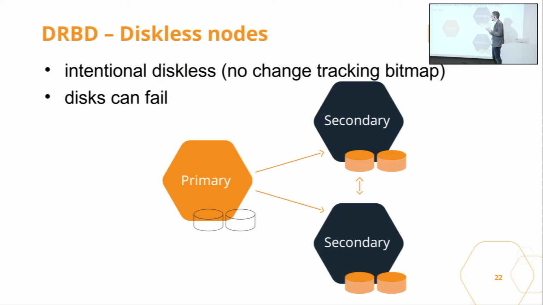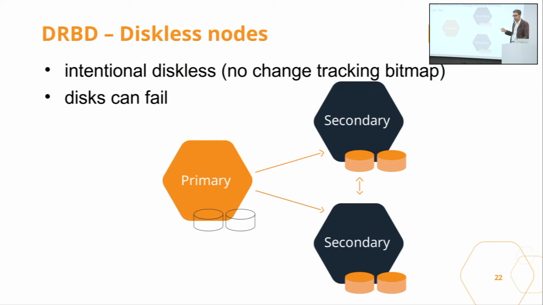When you're new to the subject, you can consider this like an iSCSI initiator. With the only difference, in iSCSI you have one target. Here you have two peers with backing disks. So if you write something here, it is sent to both nodes concurrently. The acknowledgements are coming back, and then this MySQL daemon gets, okay, the write was executed. And you can be sure it's in two locations, right? Yeah, and those don't have a change tracking bitmap.